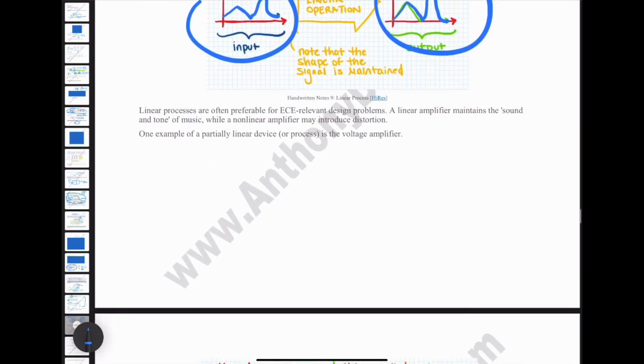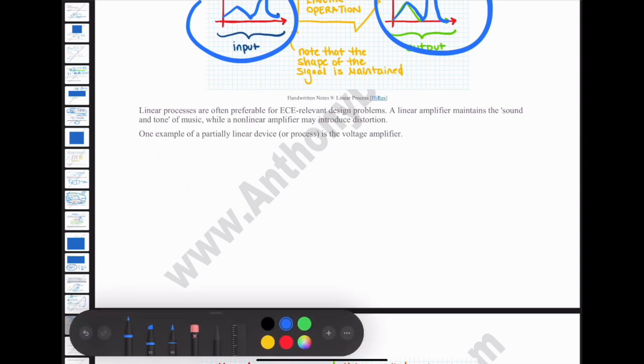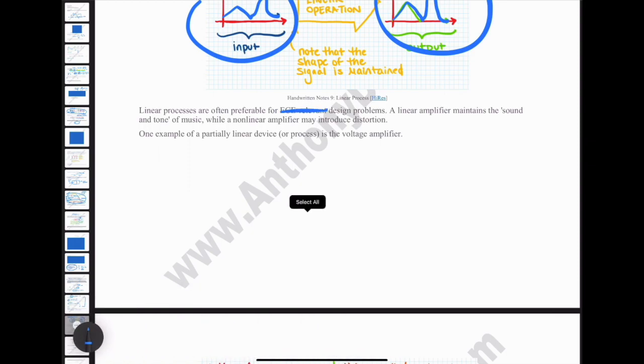So, why do we even care about linearity? Linear processes are often preferable for EC relevant designs. Now, the reason for that is because they maintain the information, more or less, that's contained within the signal. A linear amplifier maintains the sound and tone of music, while a nonlinear amplifier may introduce distortion.